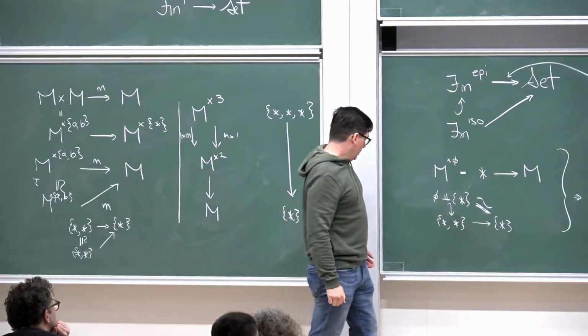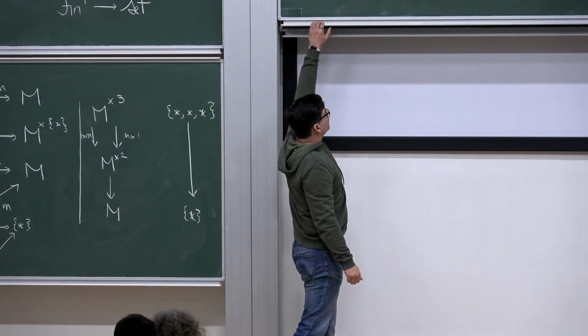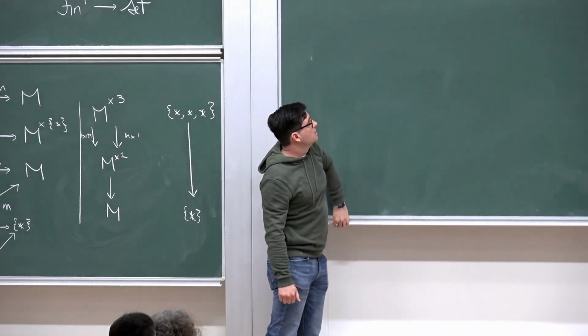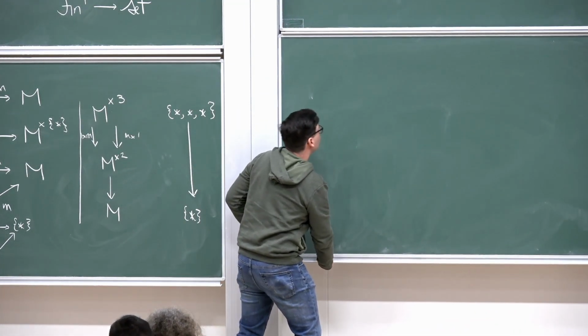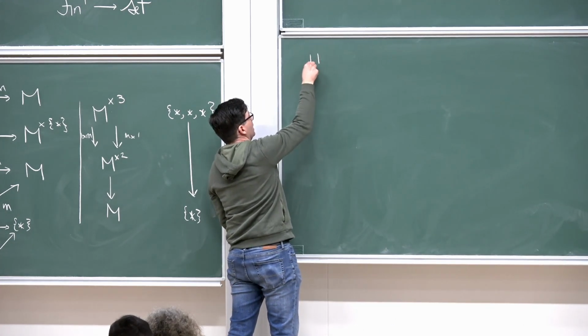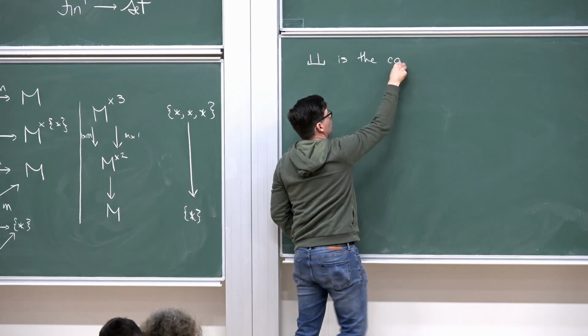Now the correspondence category has some really nice properties. And one of which is that in this category, the disjoint union of finite sets is the categorical product.